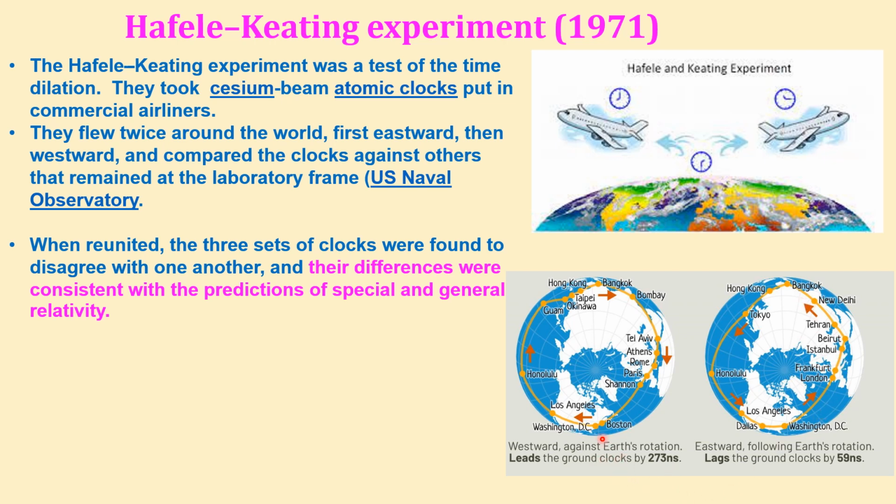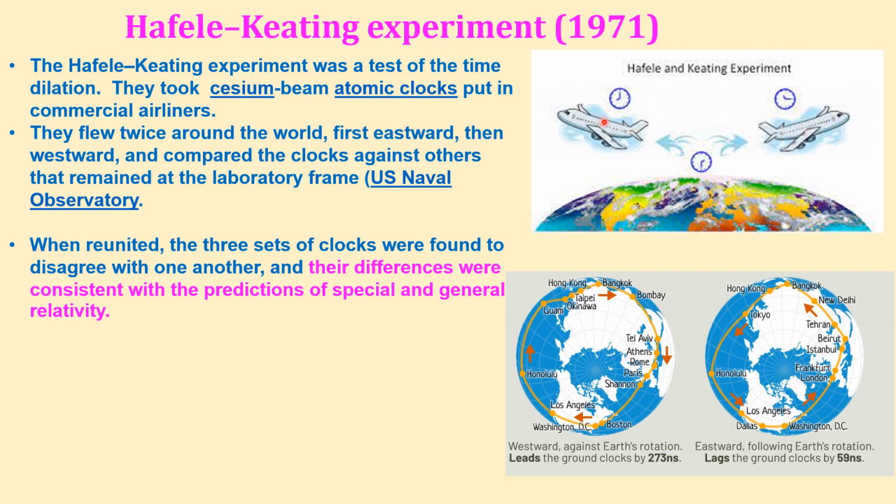So they calculated using the time dilation formula of the special theory of relativity, and also the effect due to altitude, which also gives some kind of time lag. In both cases they got some time difference: 273 nanoseconds in the west to east case, and 59 nanoseconds for east to west, using the formula.